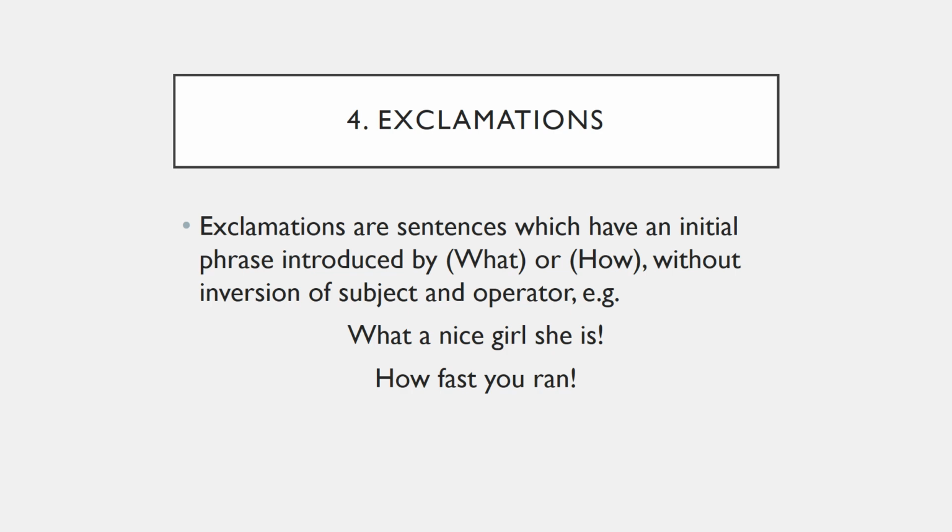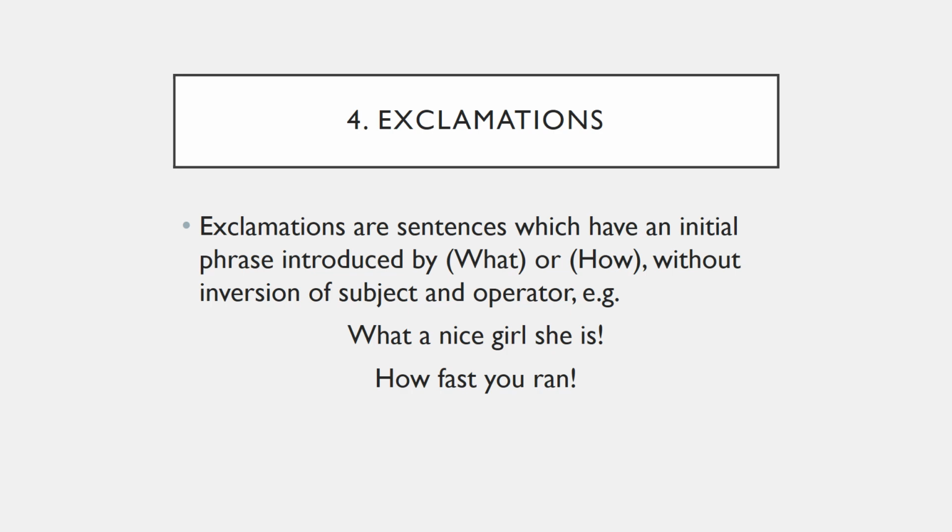But here in the exclamatory sentences, you are not doing this. You start your sentence with what or how followed by a noun, or adjective or adverb. But after this WH phrase, you have to use what? The subject, and after the subject use your verb together with its operator.